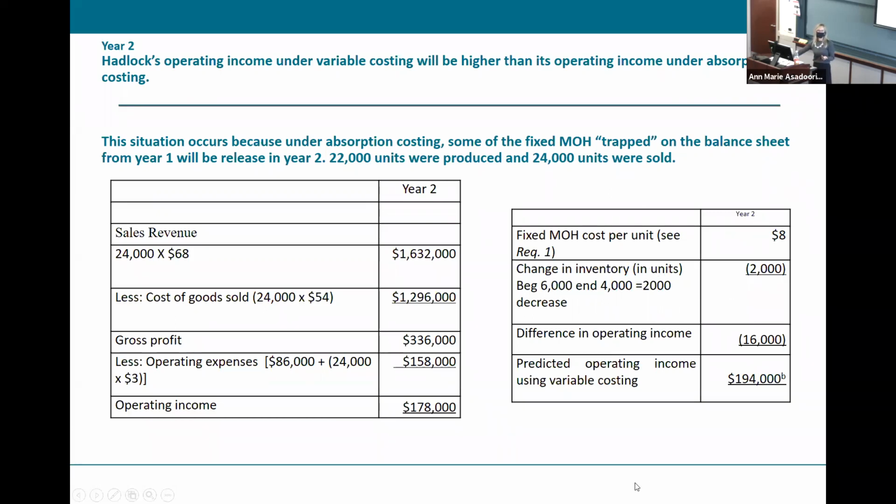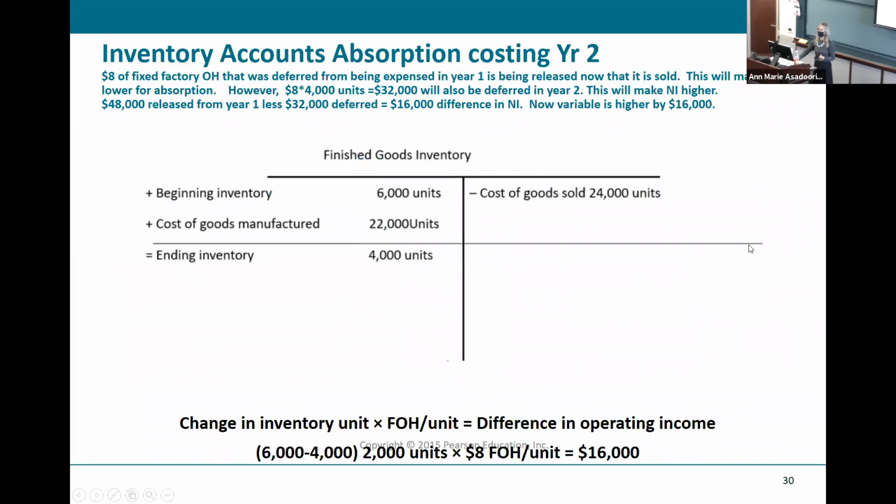So if you want to do the shortcut way, you know the fixed factory overhead is still 8 in this period. And now you're going to look at your change in inventory. How much did your inventory change? Sometimes it's helpful to kind of think about it this way, right? Those 6,000 units that you hadn't sold from year 1, that's what you would have started with in period 2.